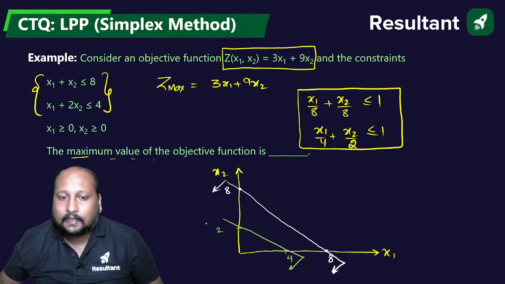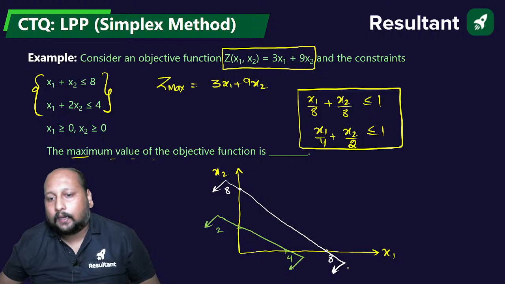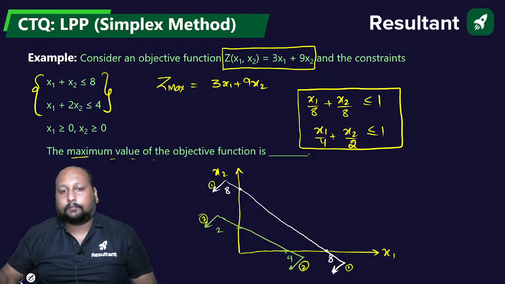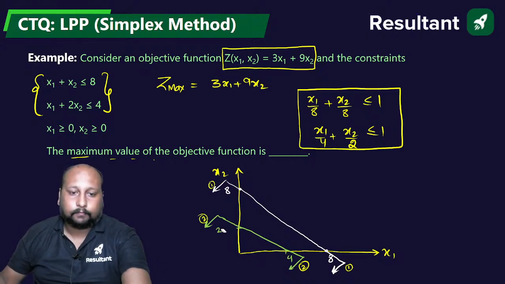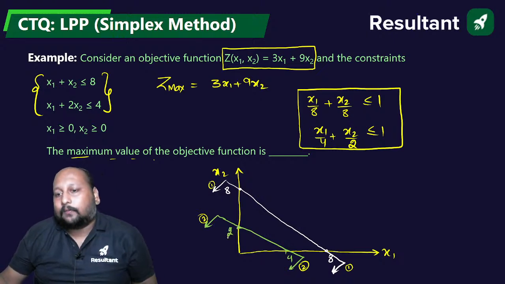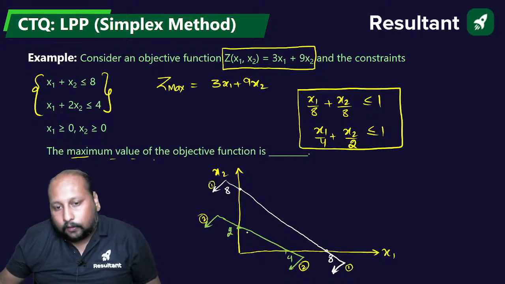Acha, tell me, is there any constraint that is a redundant constraint? Quickly. These are the two constraints, constraint 1 and constraint number 2. Anyone? Is there any constraint that is redundant? Obviously, if you try to visualize, this particular region is the feasible region.